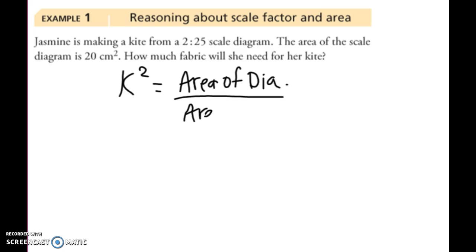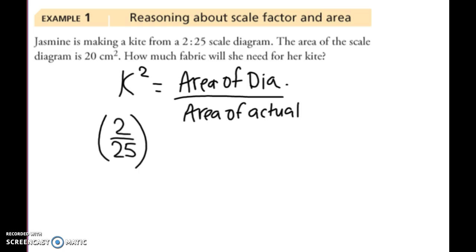over area of actual. Okay, so if we fill in the pieces here, we know the scale is 2 over 25. So we need that squared in our formula. Then the area of the scale diagram, that is the area of our diagram, is 20 centimeters squared.